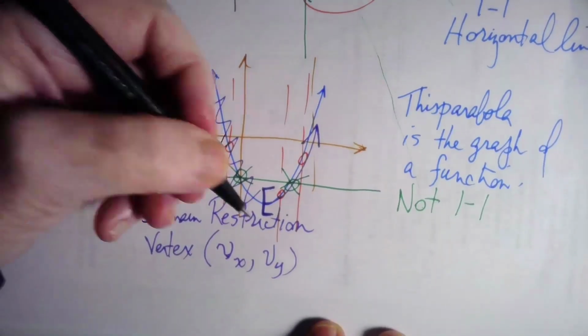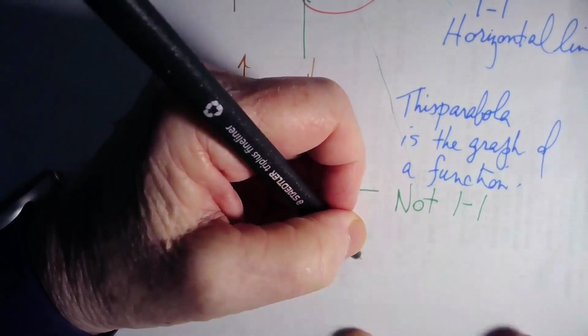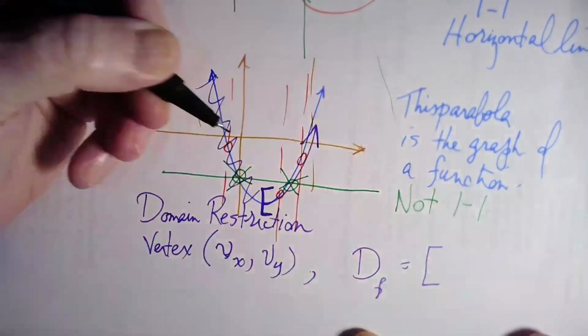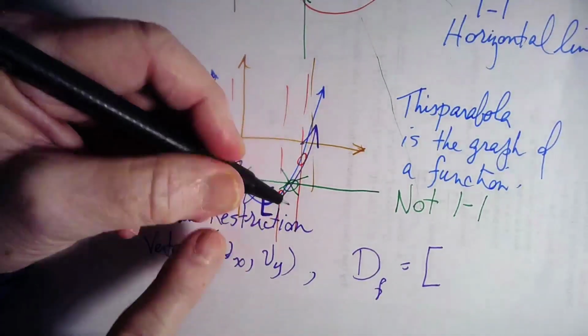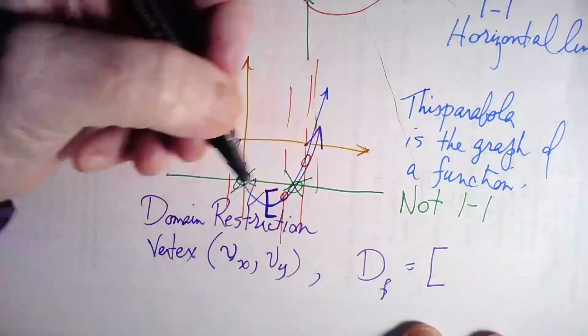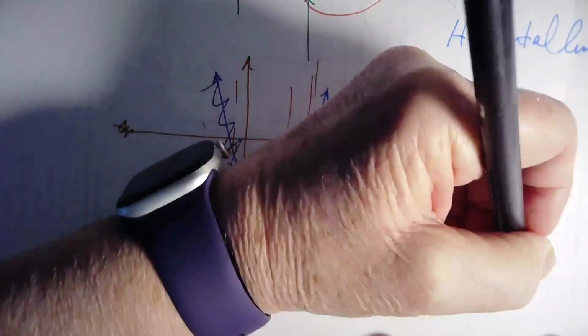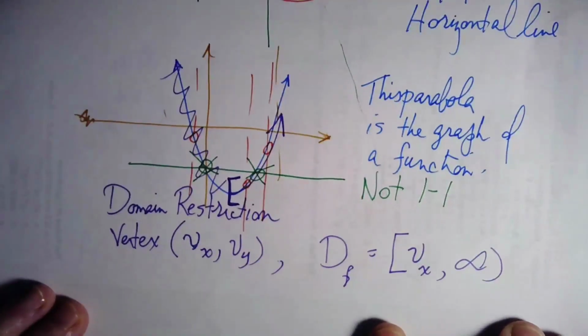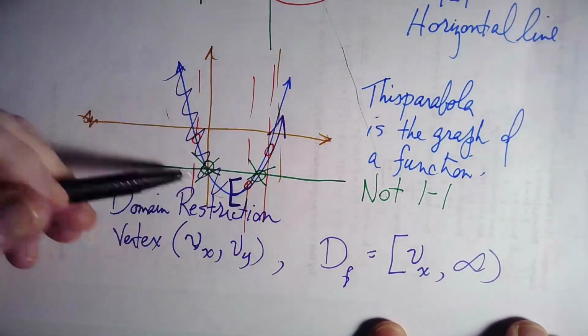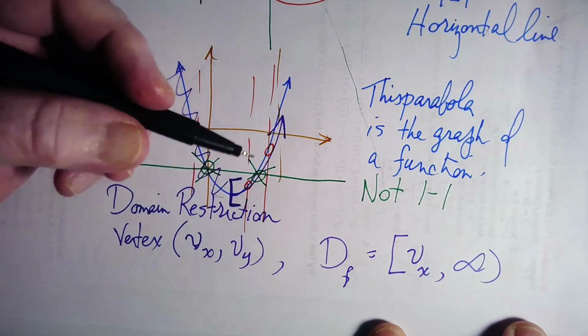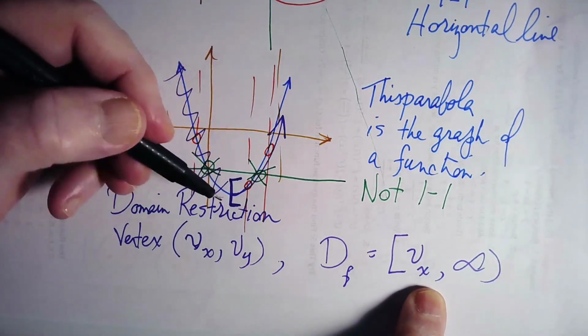Then this domain restriction would be: we start at the X value of the vertex, and we go to infinity. And that cuts the parabola in half. Then what's left is well behaved.